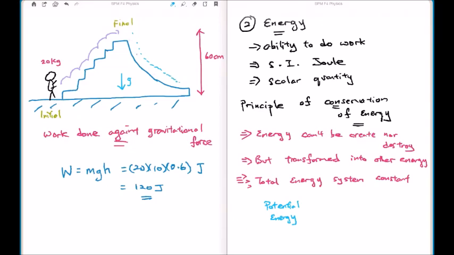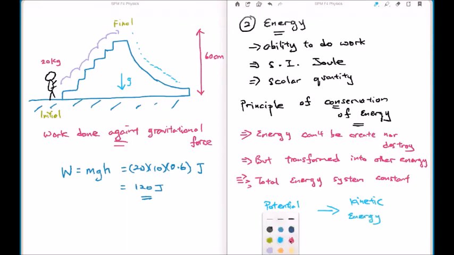Once it came down, during the process of coming down, all the potential energy would be transferred into movement. This is called kinetic energy. Potential energy is mgh, and all the energy will be transferred into kinetic energy, which is half mv squared. v is the speed.